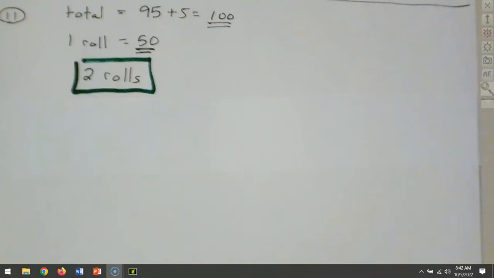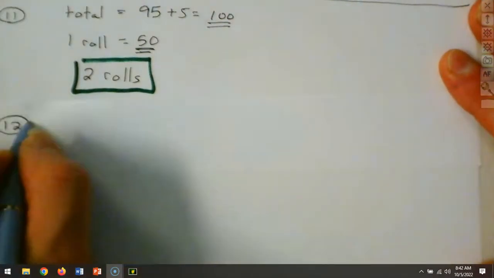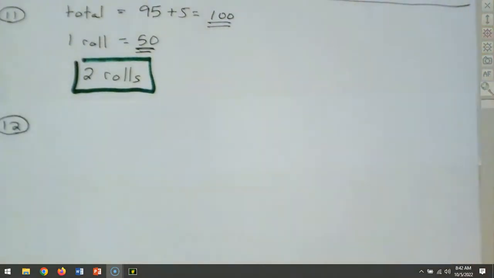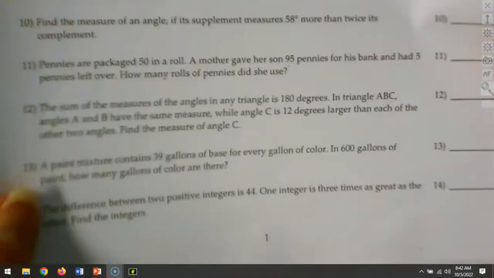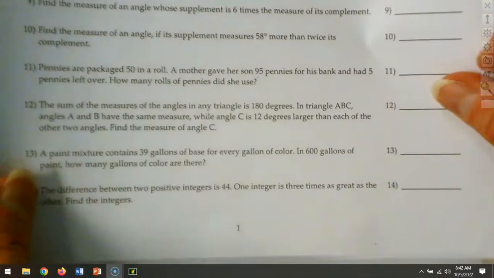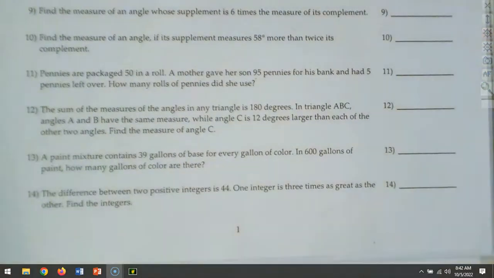Okay, question 12. Question 12, again, is a triangle. So the sum of the measures in any triangle is 180 degrees.